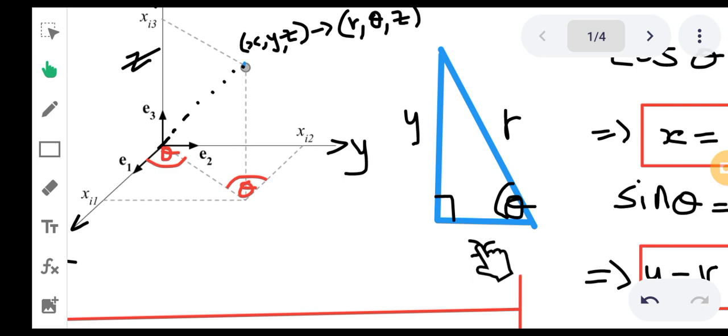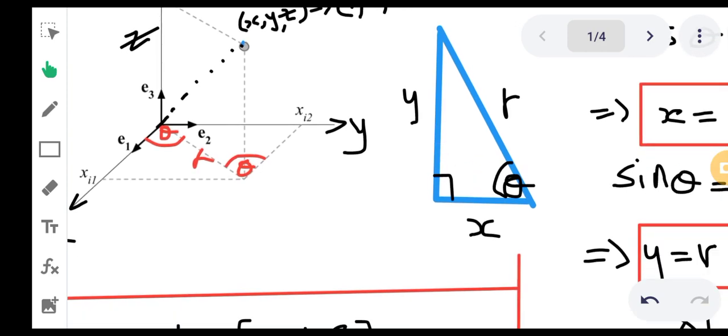Then this line is the radius r. Because this angle is 90 degrees, and the 90 faces the r, the radius is the hypotenuse.